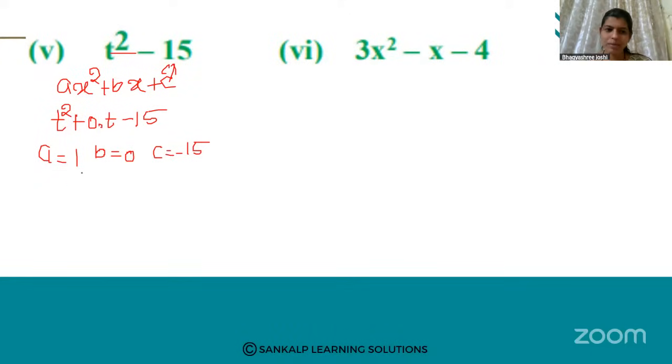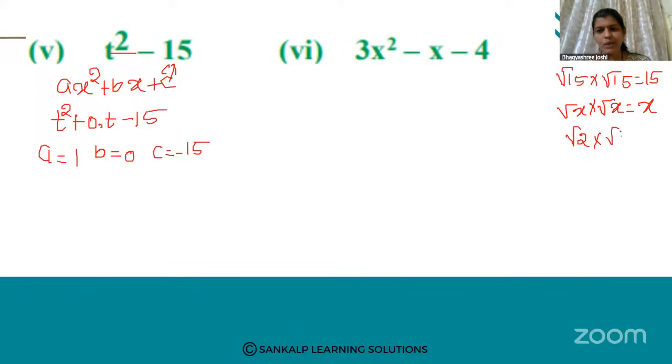T square minus 15. Yes, dear children, we know one thing, that root 15 into root 15 is equal to 15. Yes or no? See, root x into root x is equal to x. Root 2 into root 2 is equal to 2. Like that, root 15 into root 15 is equal to 15.